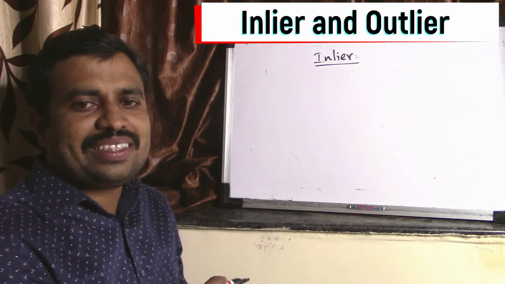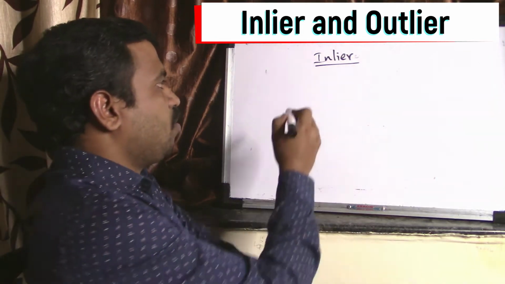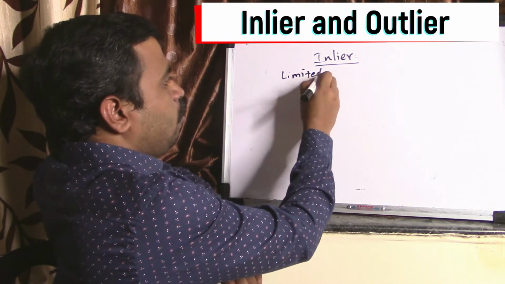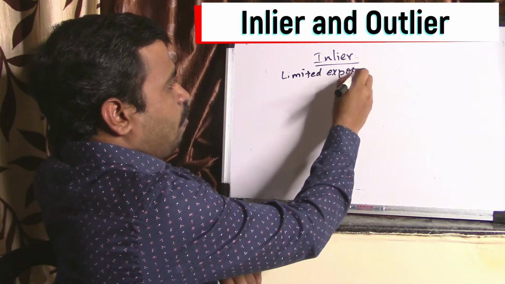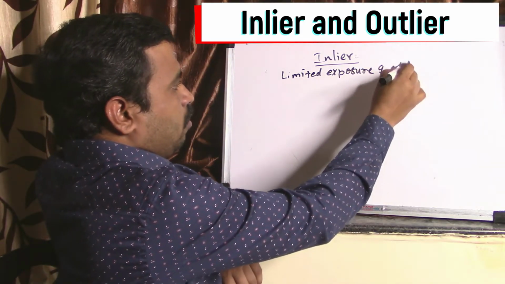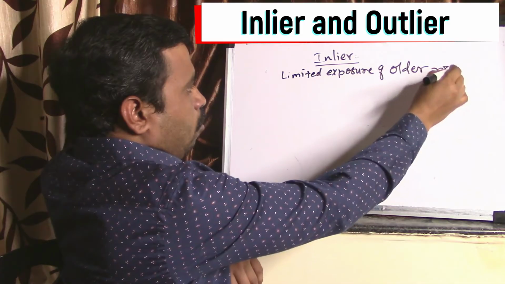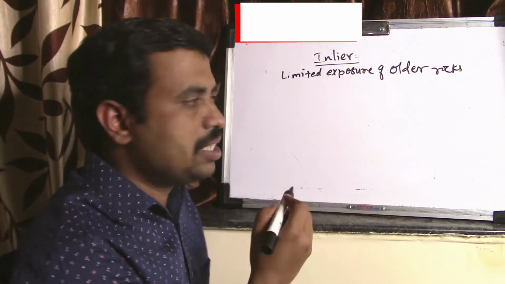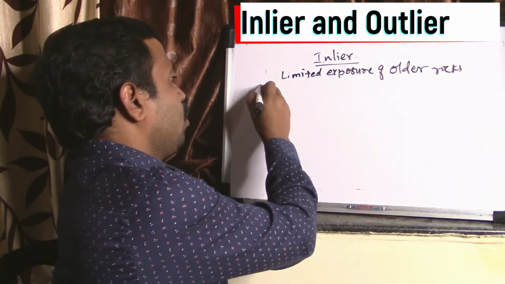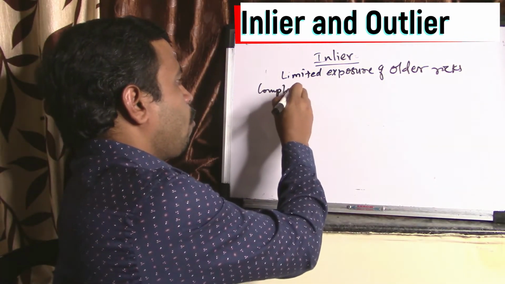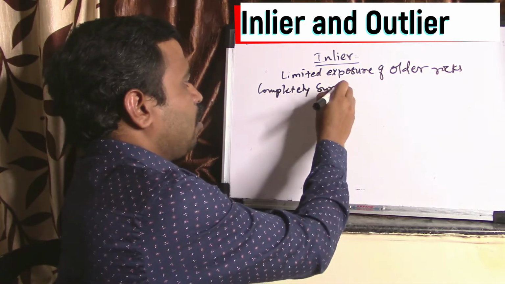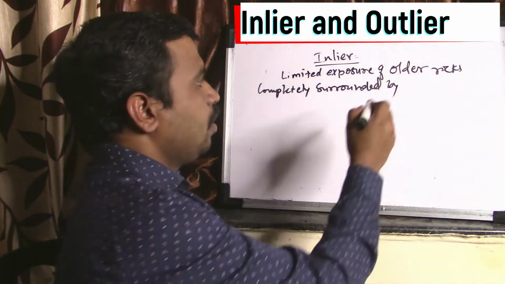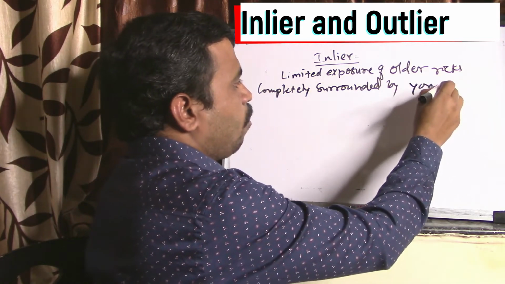Now we will discuss what is inlier. Inliers are the limited exposure of older rocks or beds, and they are completely surrounded by younger rocks.